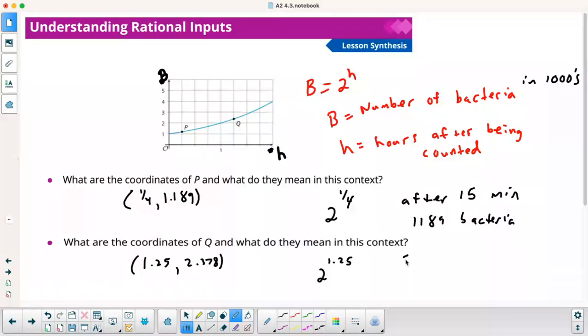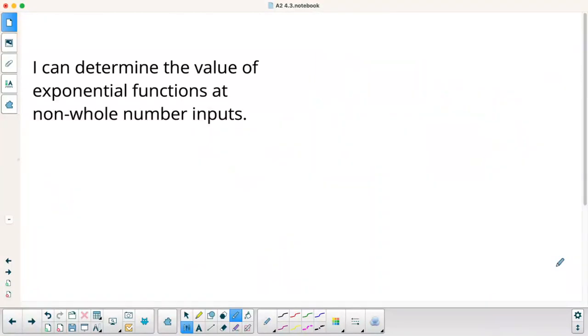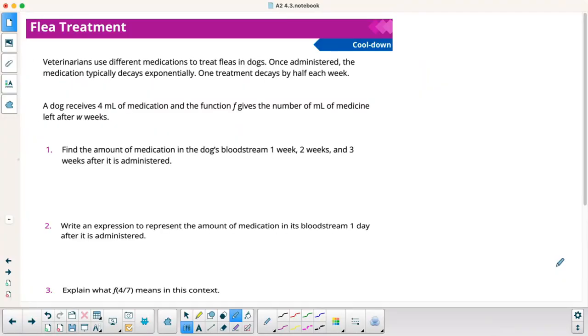This would mean after 1 hour and 15 minutes, we have 2,378 bacteria. Okay. All right, so back to our goal, I can determine the value of exponential functions at non-whole number inputs. Pretty easy when you're just plugging them in. And last thing, our cool down.